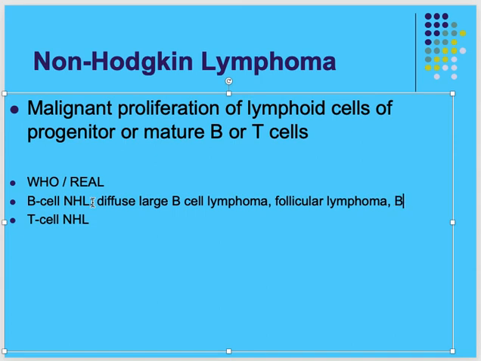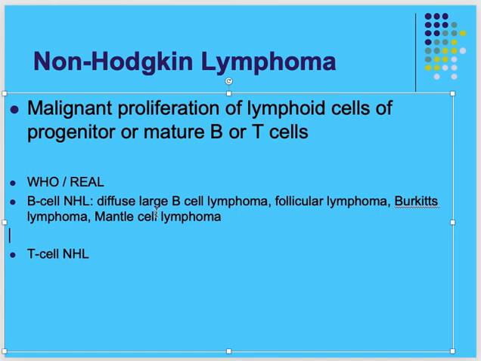Burkitt lymphoma is again due to translocation of two chromosomes, and there is activation of a certain gene, right? And mantle cell lymphoma again occurs due to translocation between two chromosomes, which leads to activation of some gene.